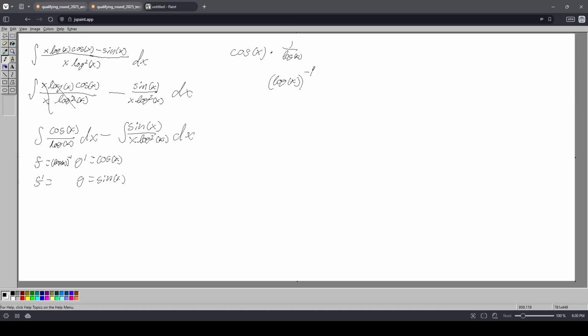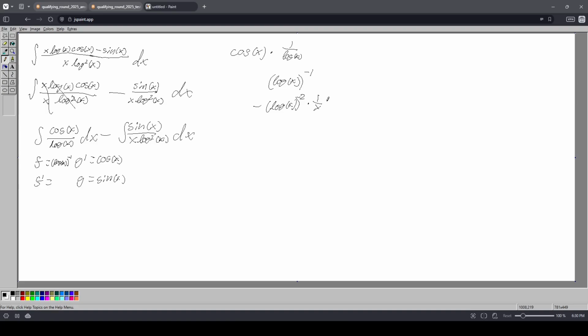So I'll multiply by the exponent, then you subtract 1, so you get negative 2. So you take the derivative of the outside with respect to the inside, which is what we did here, times the derivative of the inside, which, the derivative of natural log, is 1 over x.